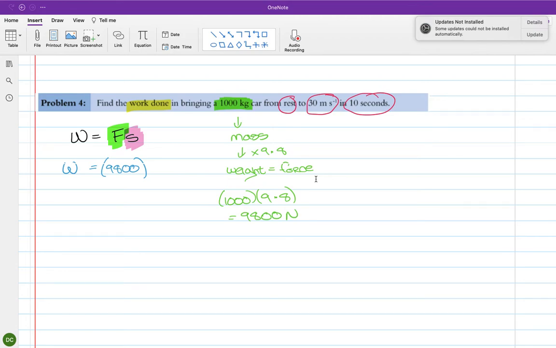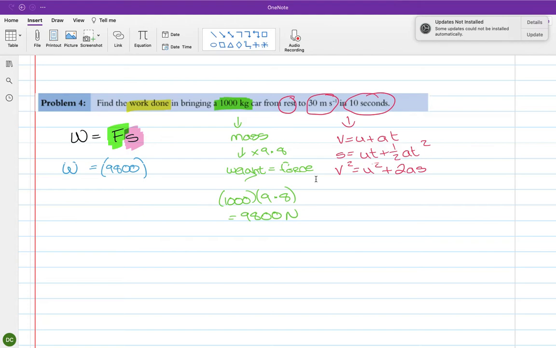We did that with the equations of motion. Do you remember them? V equals U plus AT, S equals UT plus a half AT squared, V squared equals U squared plus 2AS. Remember these?